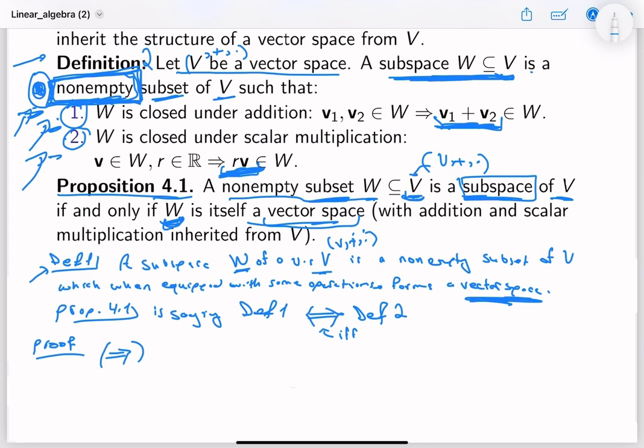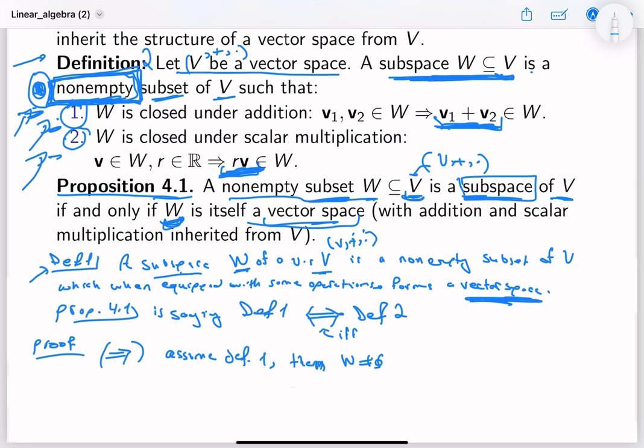So assume definition 1. Then what do we have? Well, we have omega is non-empty from here.